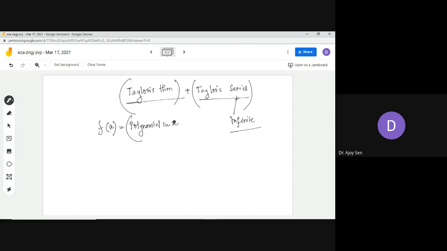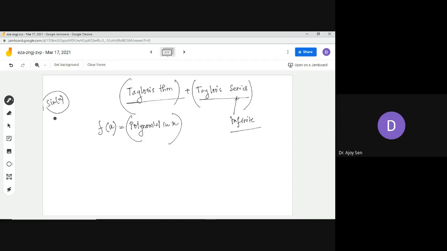You have a function which may not be a polynomial, but you want to express it as a polynomial. How is it possible? Let's assume this is a function. This is not a polynomial.